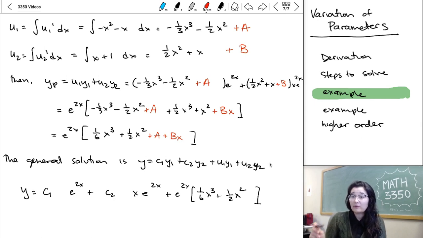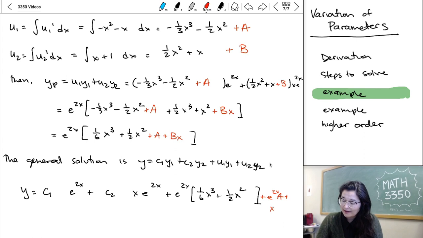Now the reason I wanted to bring this up is because when we get down to this point, you definitely do not want to have plus e to 2x a plus x e to 2x b, which is what would happen if you just carried this term all the way down. You would have 4 unknown constants, c1, c2, a, and b, for a second order equation. So if you had an initial value problem, you wouldn't have enough conditions to solve for all 4 of those things.